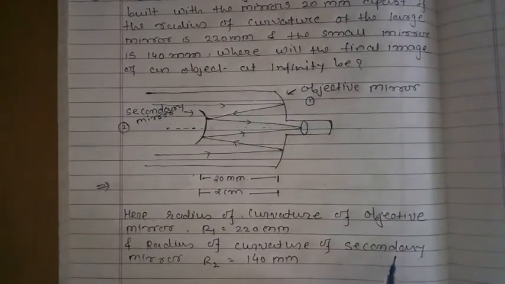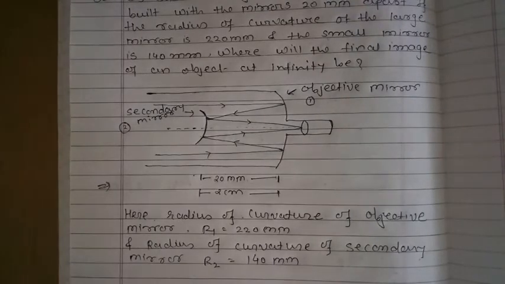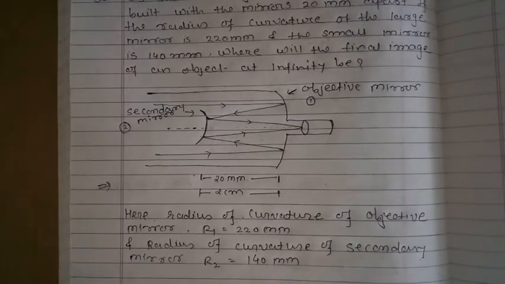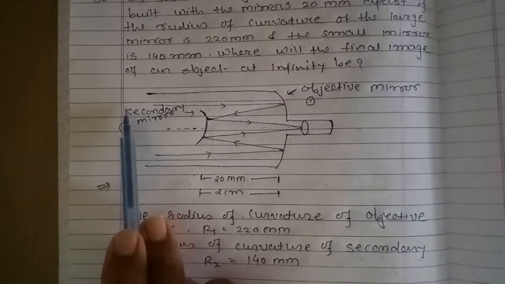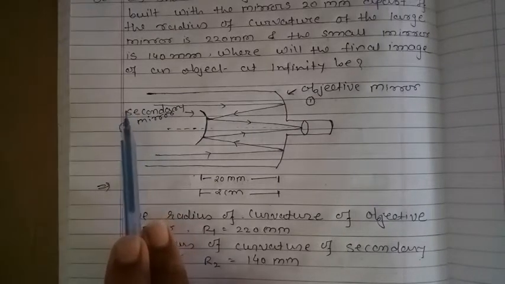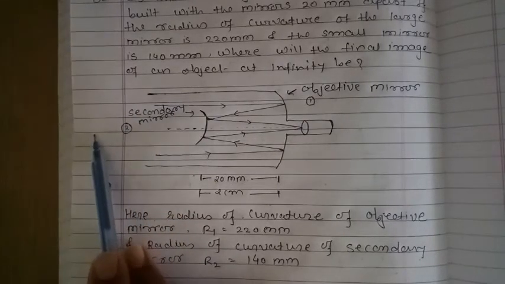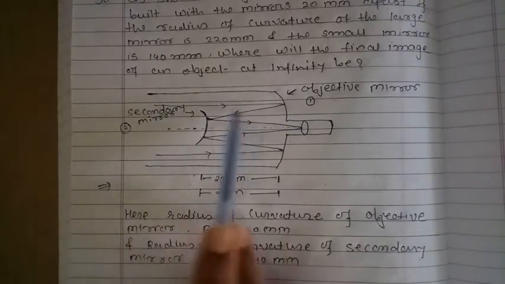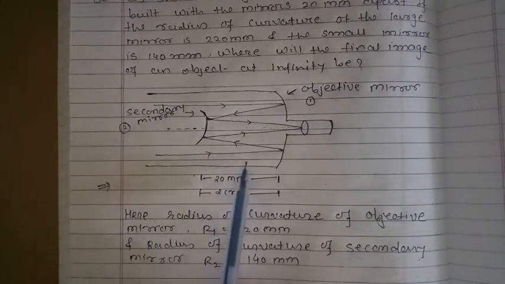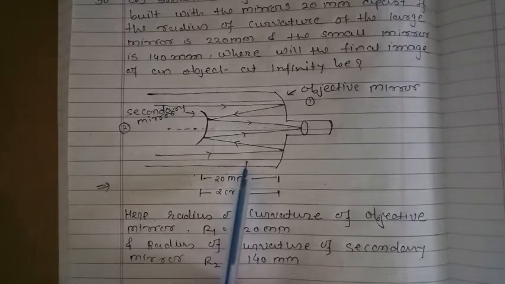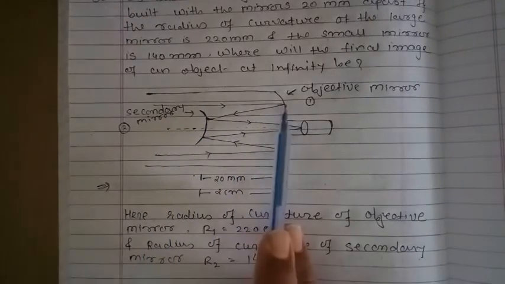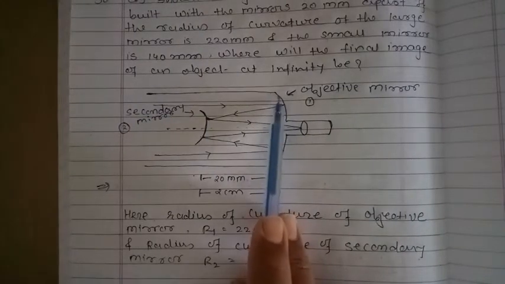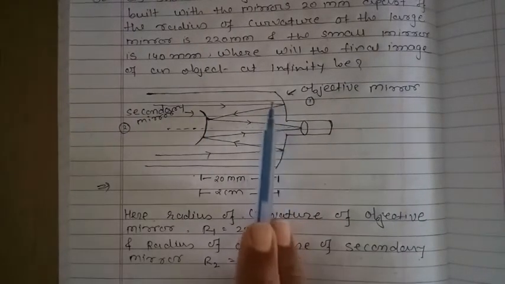So here the object is at infinite distance, right? You can see in this figure that the object is at infinite distance. These are the parallel rays from the object, and these parallel rays reflect from the objective mirror.